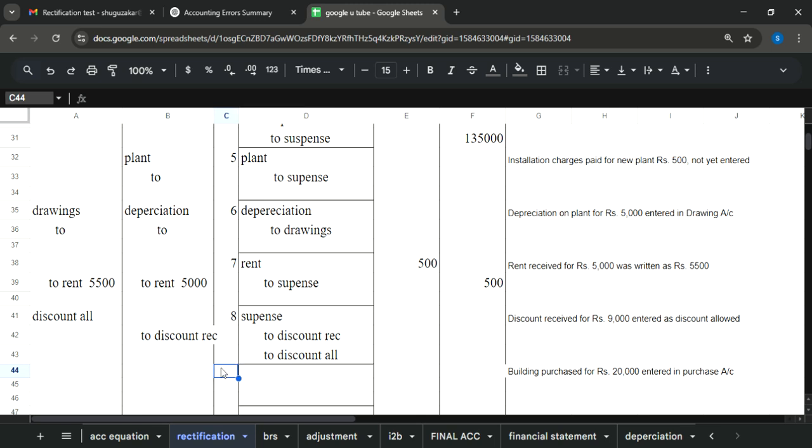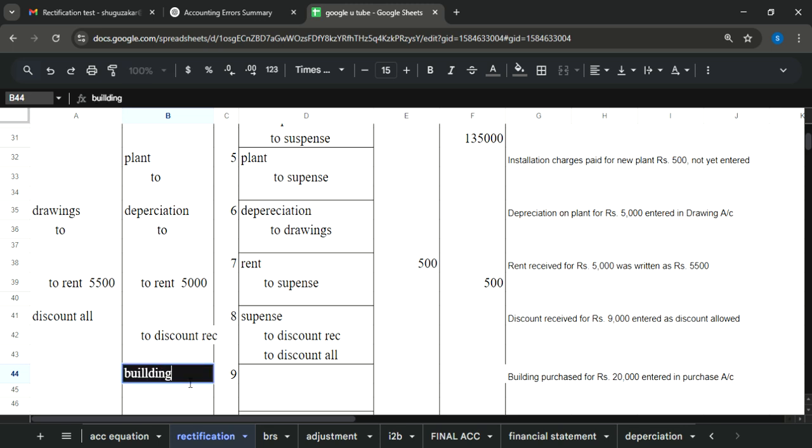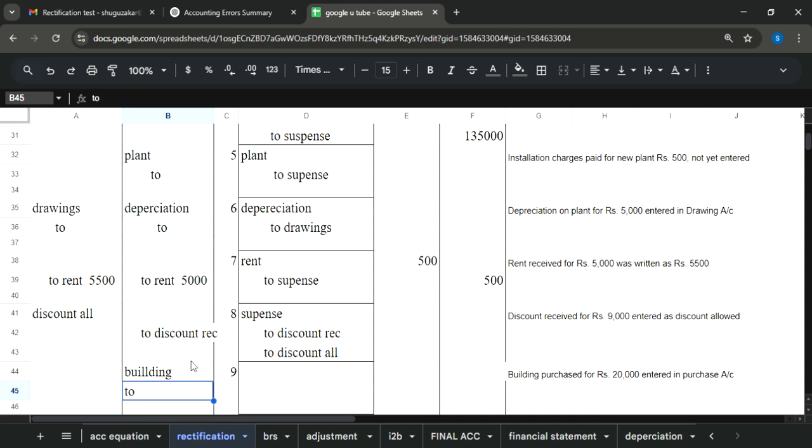Now we will see the ninth entry, and it is saying building purchased. When you buy your building, building is your asset, and an increase in asset should be debited. So you were supposed to write building on the debit side. Now we will see what mistake they have done. Entered in purchase account. So by mistake, instead of building, they have entered in purchase account.